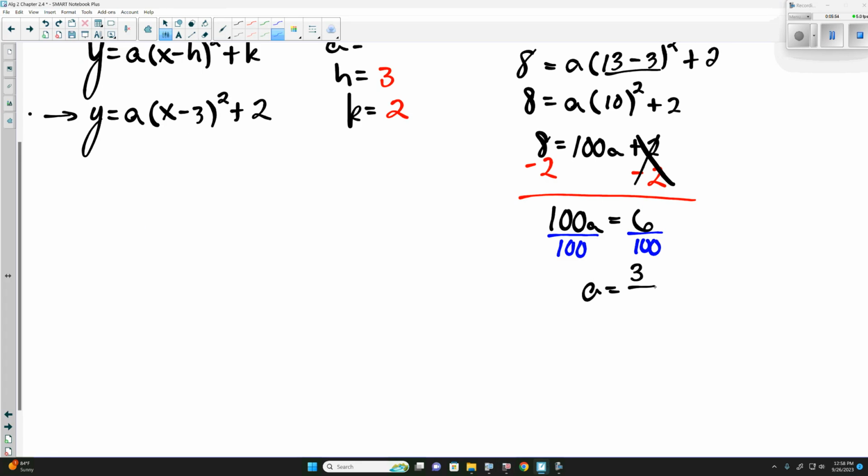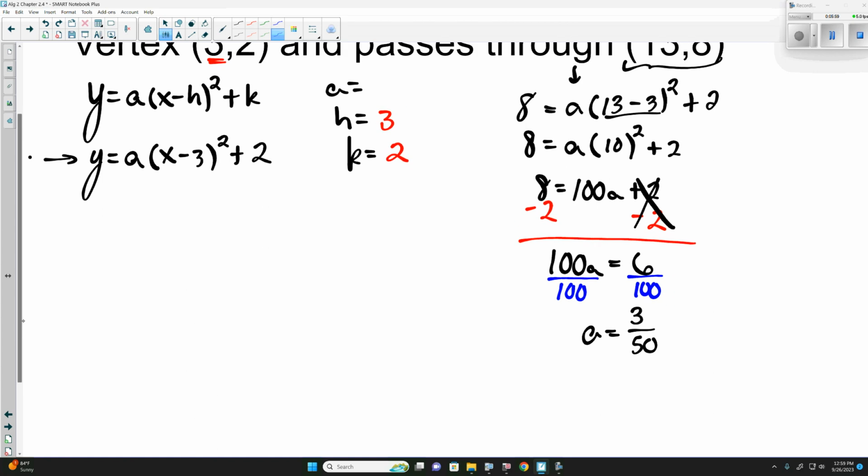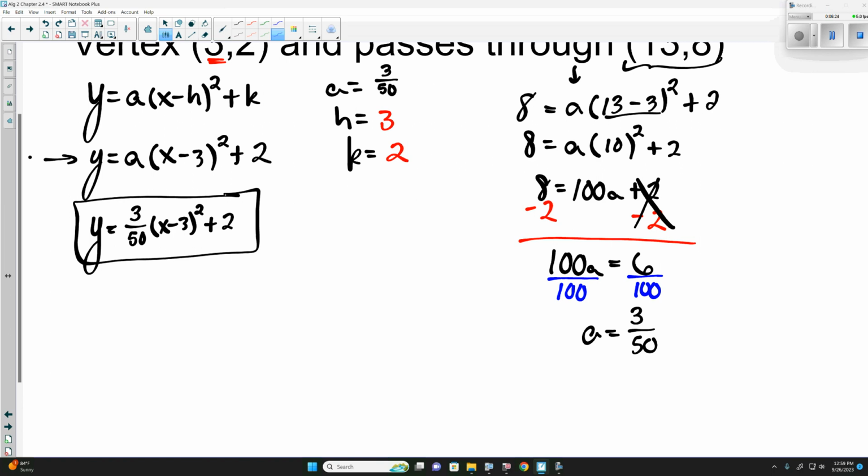I'm going to leave it as a fraction. 3 over 50 is our value of a. Questions on how we found a, h, or k? Well, the last thing we need to do is plug the value of a back in, telling us y is equal to 3 over 50 times (x minus 3) squared plus 2. That's it.